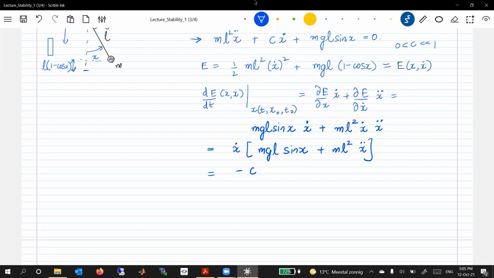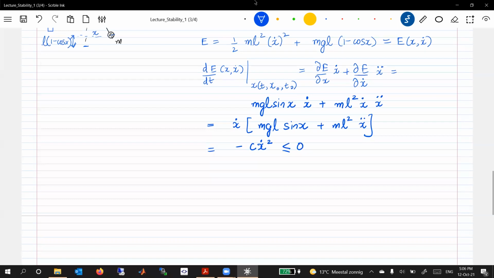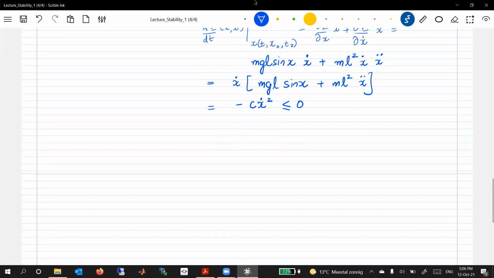So what we get is minus c x dot times another x dot here, so this would be minus c x dot squared. And this is precisely the reason we know that energy is actually decreasing in time, because c is a positive constant and the squared velocity is non-negative. So energy is decreasing.